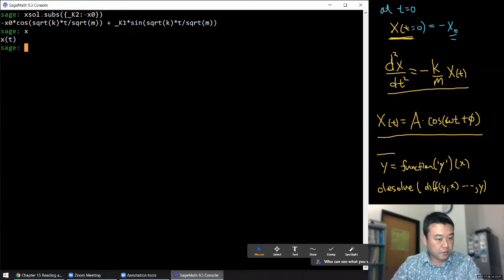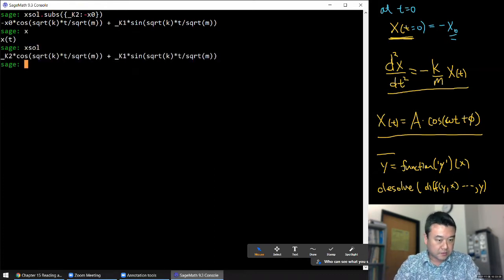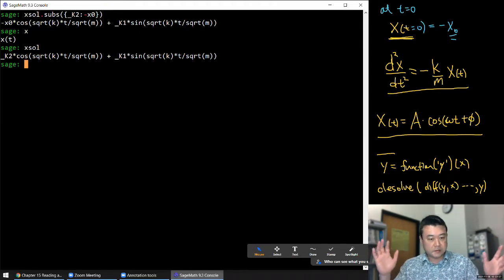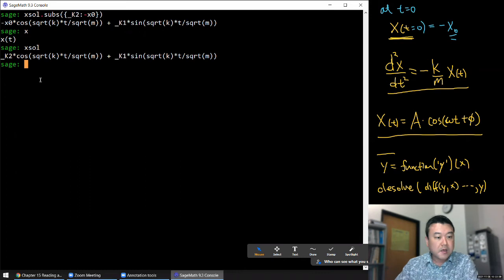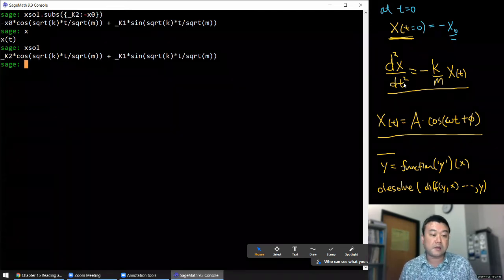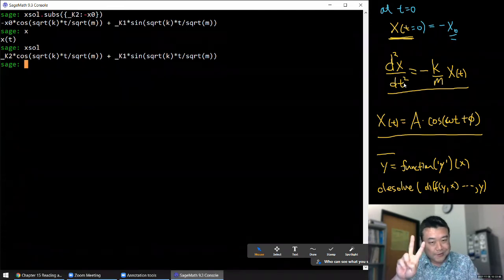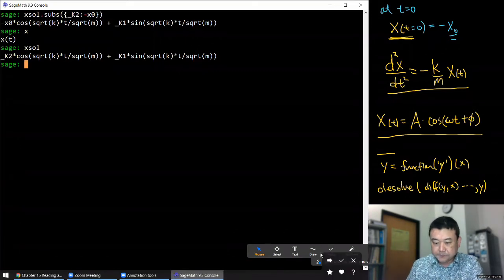It covers the general class of solutions, and there's a reason this has two integration constants. It is connected with the fact that it's coming from a second order differential equation. And when you have two integration constants, a single condition like this is not sufficient.